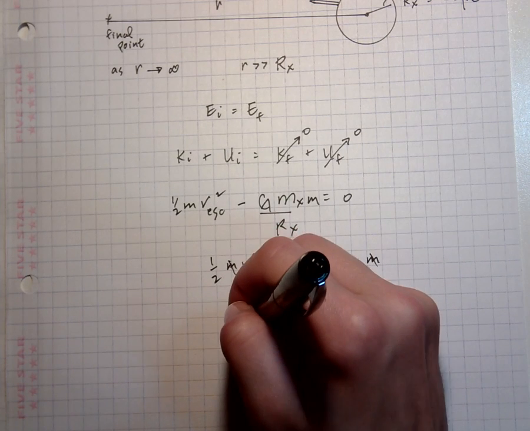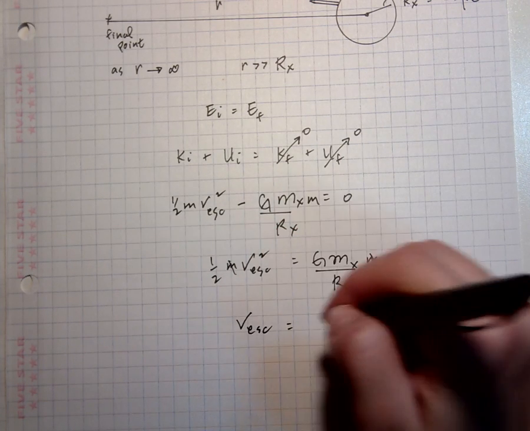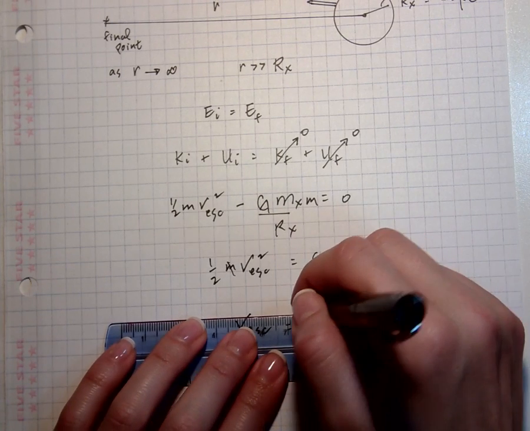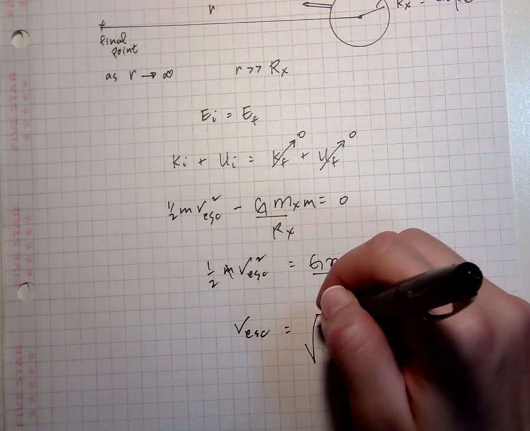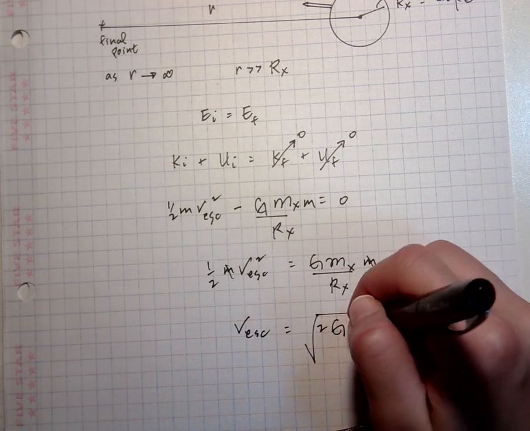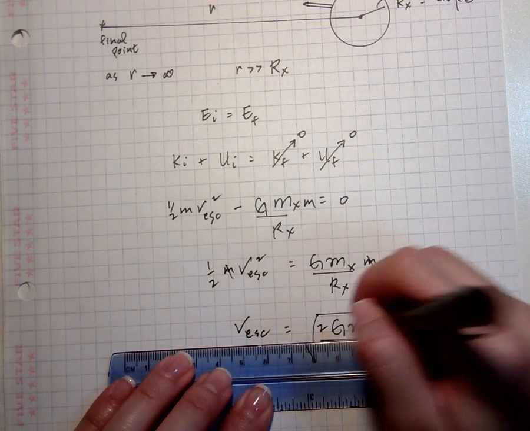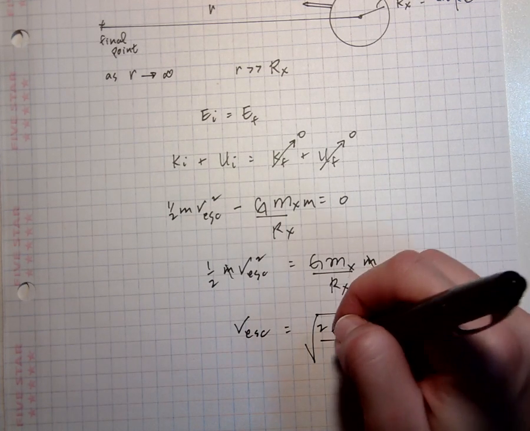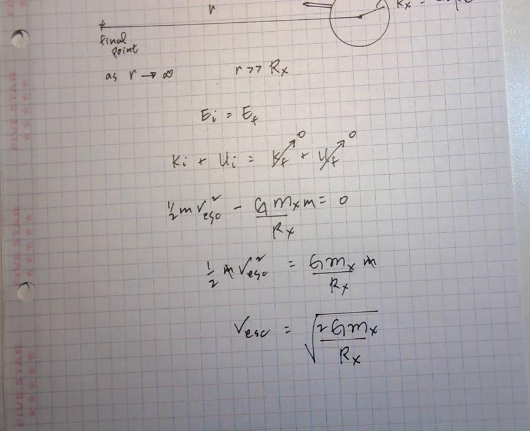The escape velocity with some algebra is the square root of 2 times G times the mass of planet X over the radius of planet X.